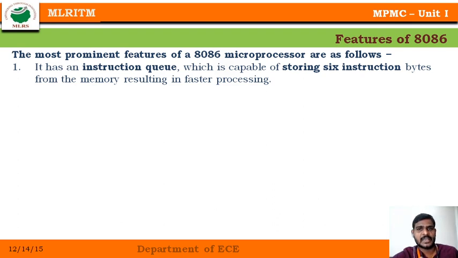This means the 8086 introduced the instruction queue concept, called pipelining, from the 8086 onwards. The first feature, a new advancement from the 8085 to the 8086, is pipelining.